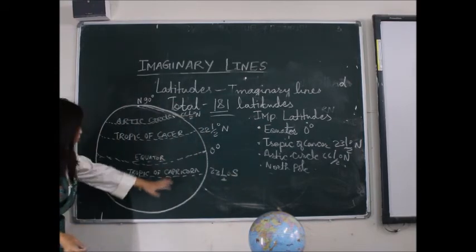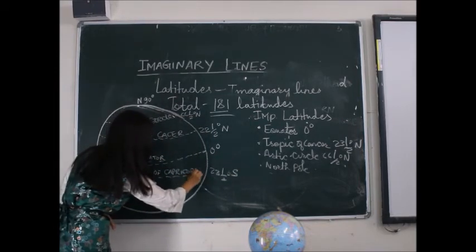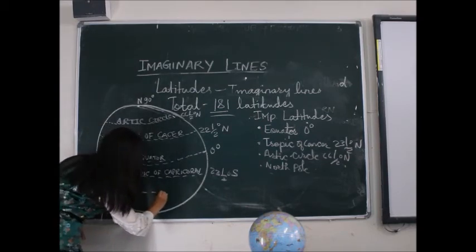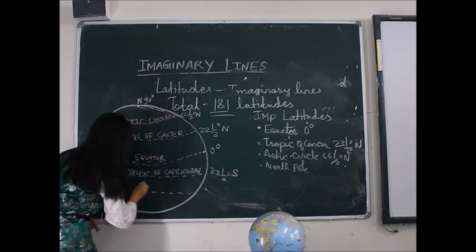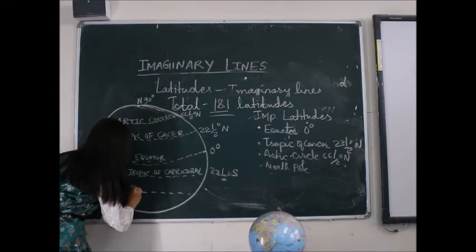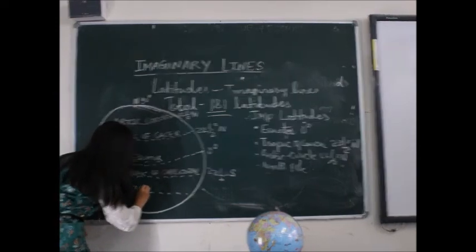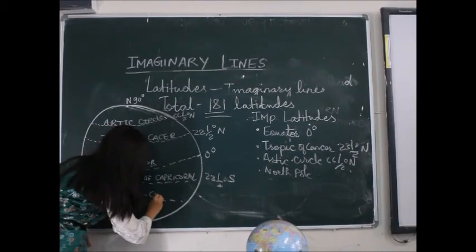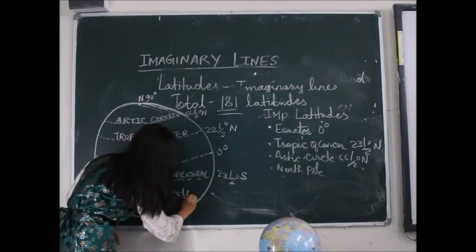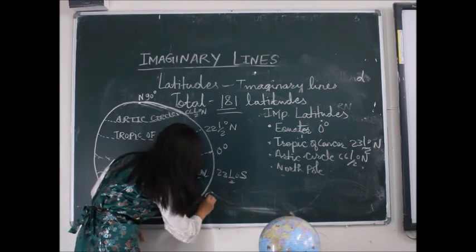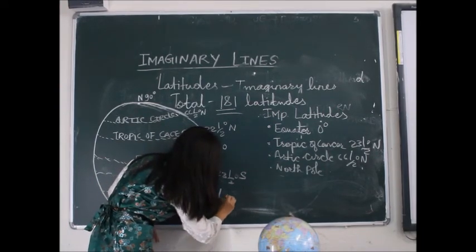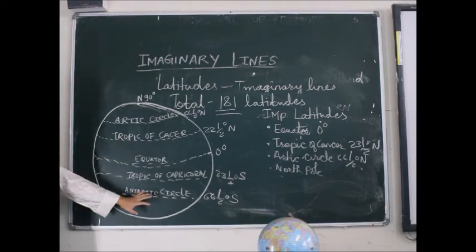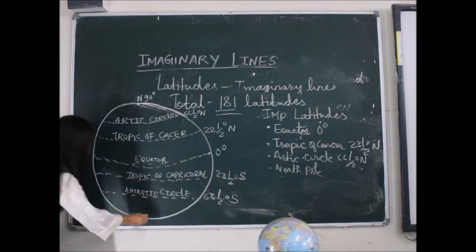Okay, and from Tropic of Capricorn, if you move towards south again, you'll move to Antarctic Circle. Antarctic Circle, that is 66.5 degree south.